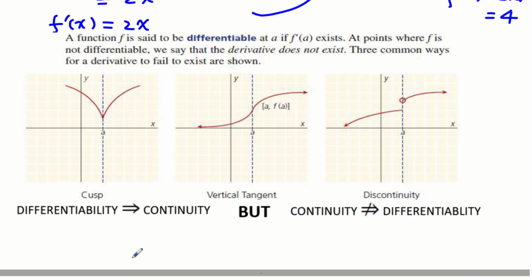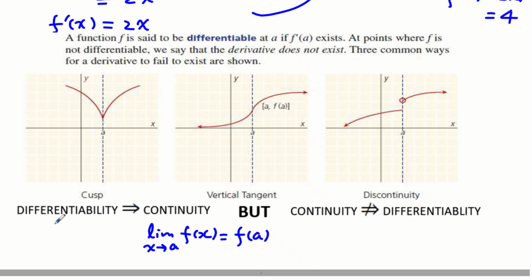In our last chapter, we discussed continuity. It means if the limit of the function from both sides exists, and also the limit equals the function's value, we call the function continuous at that point, x equals a. And differentiation means whether the function is differentiable or not, whether the slope of the tangent exists or not.